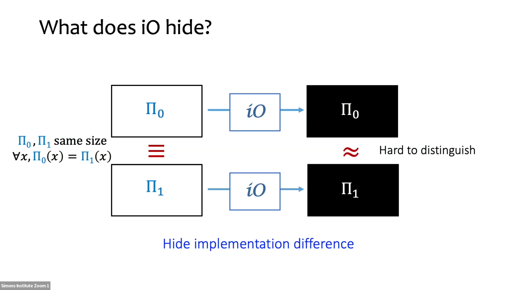Given that IO obfuscation hides only implementation differences and is much weaker than VBB obfuscation, it's natural for us to ask: if I use it to obfuscate a program, what does it actually hide, right? For example, if I use it to obfuscate AES with key K, does the IO obfuscated program still act as a secure public key? Or weaker, given it, can I actually recover the key out of it?